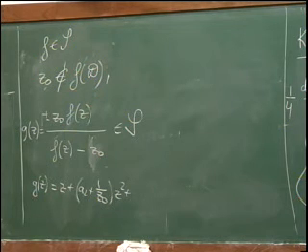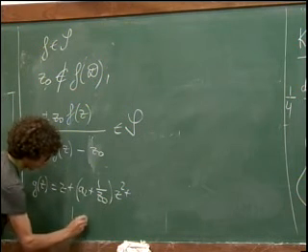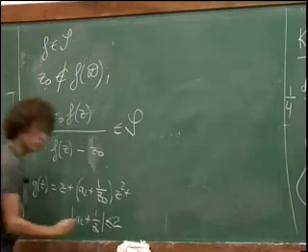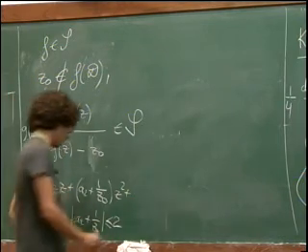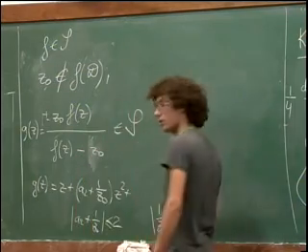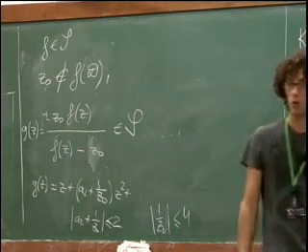Once again, it's a simple computation. So this thing is smaller or equal to 2, which exactly implies that 1 over modulus of z0 is less or equal to 4. The modulus of z0 is larger or equal to 1 over 4.